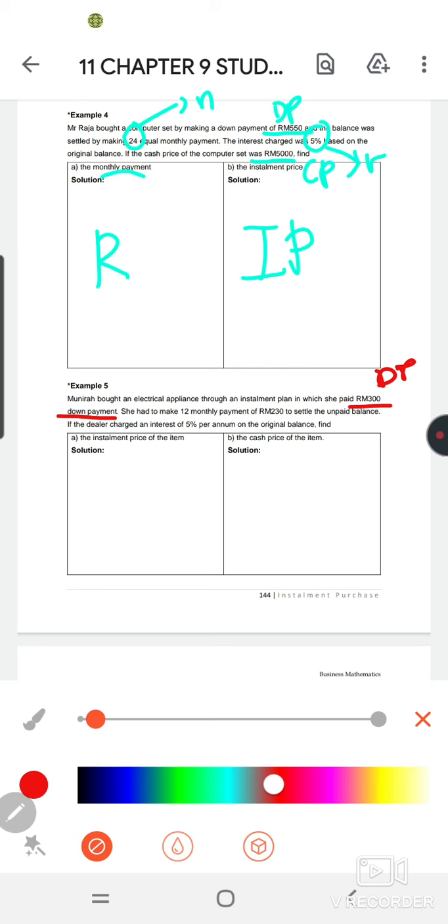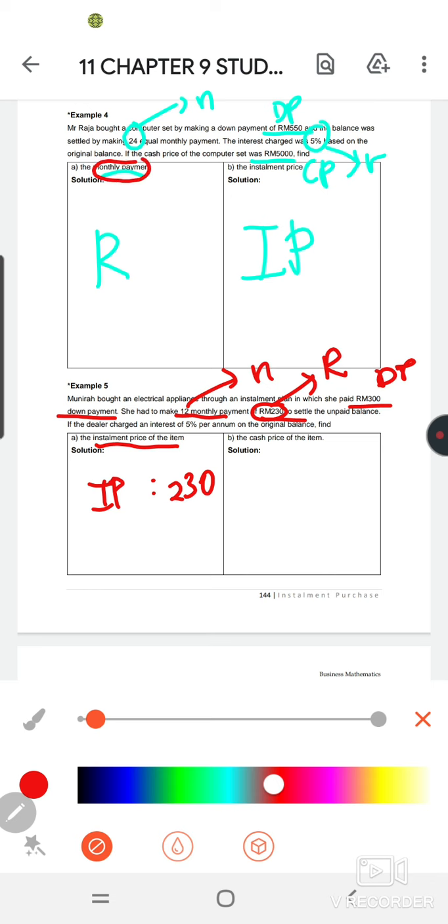She had to make 12 monthly payments of 230 to settle the unpaid balance. So this one is N. If the dealer charges an interest of 5% per annum on the original balance, find the installment price of the item. So here you have to calculate the installment price. They have given that she makes payments, N equals 12, of 230 every month. So how do we know the installment price? The 230 is already the value of R. In the earlier ones they did not give the monthly payment R. You had to find it.